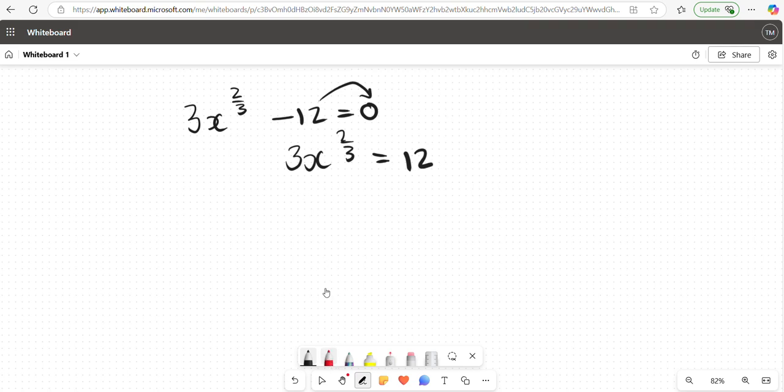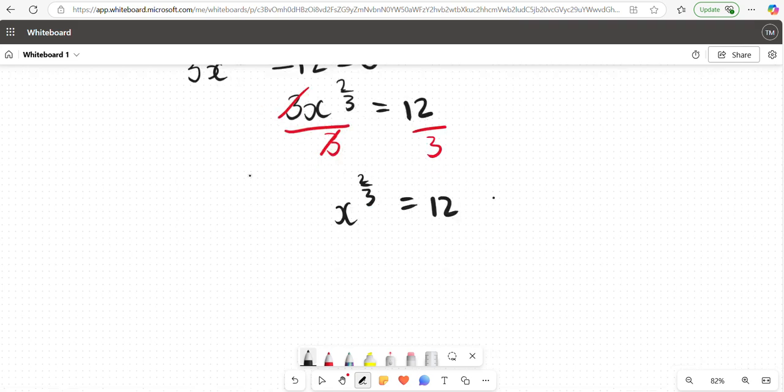At this level, you would want to divide by 3 on both sides. Why? Because I want these 3's to cancel. So when that happens, I have x to the power of 2 over 3 that is equal to 12. Then at this point, all you need to do is get rid of this power.